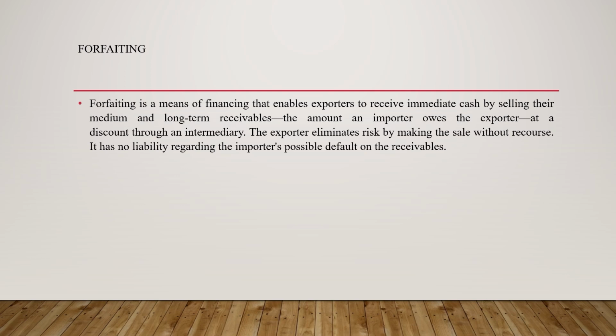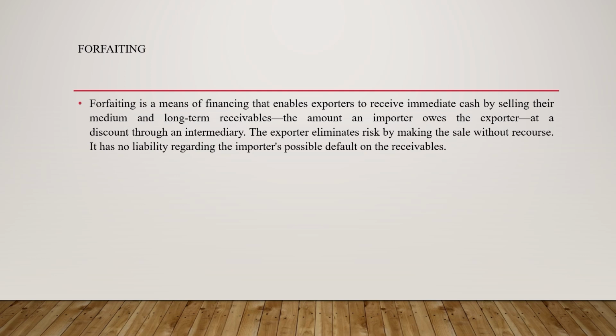In short, forfeiting is a technique by which the forfeiter discounts an export bill and pays ready cash to the exporter. The exporter in this case need not bother about collection of the export bill. He can just concentrate on export trade. So, what actually does forfeiting mean?